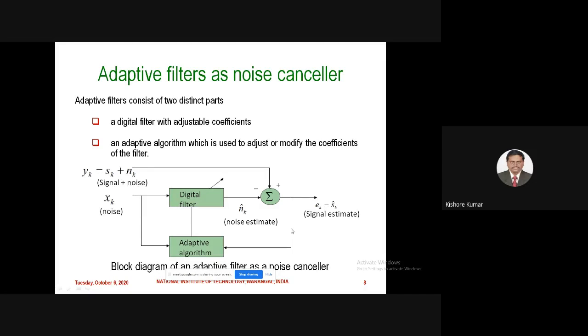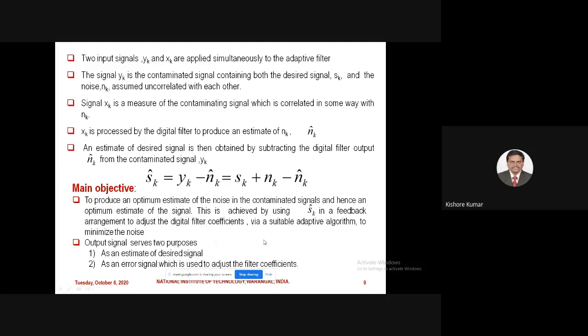Here we will get the estimate. If you see, the two input signals xk and yk are applied simultaneously to the adaptive filter, and the estimated signal sk cap equals yk minus nk cap, which equals sk plus nk minus nk cap. If nk equals nk cap, then my estimated signal is equal to the original signal.